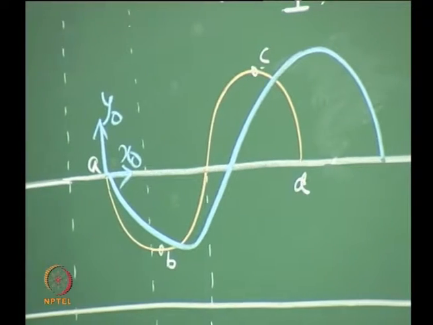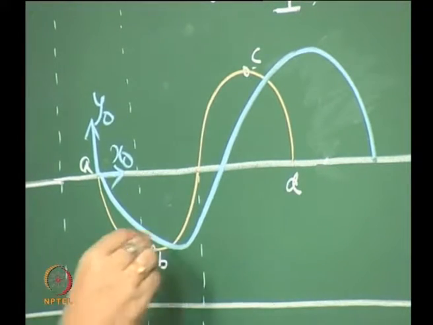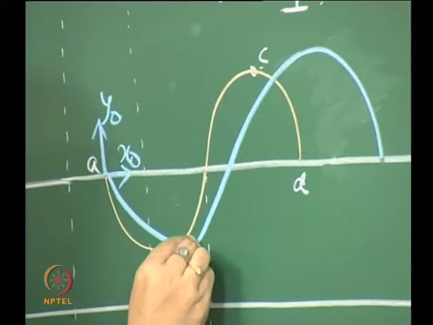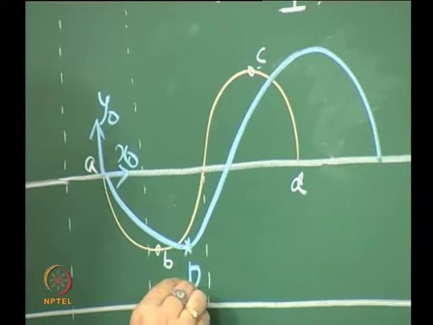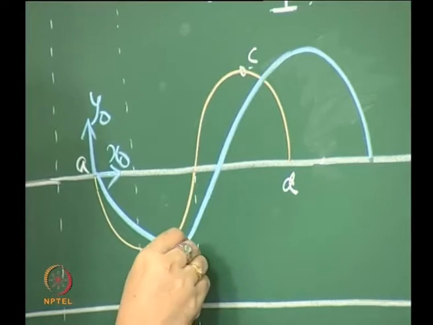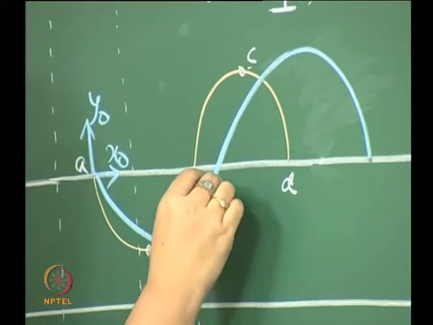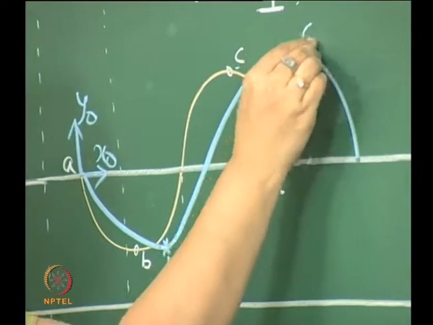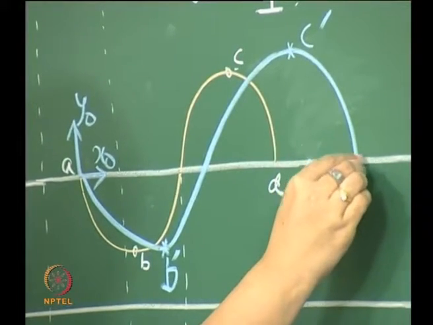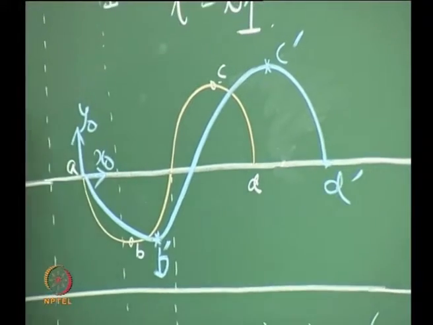Say something like that. So this wave, in that case, this is my B dash, this is my C dash and this is my D dash.